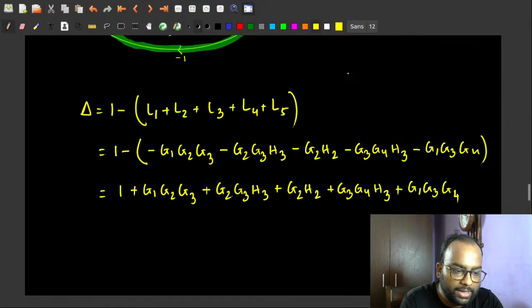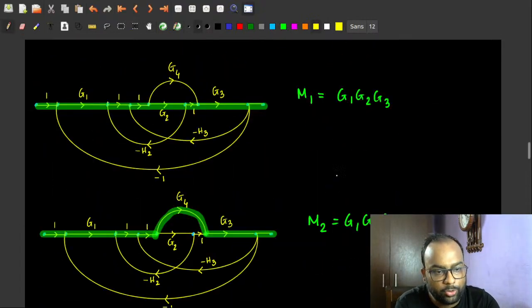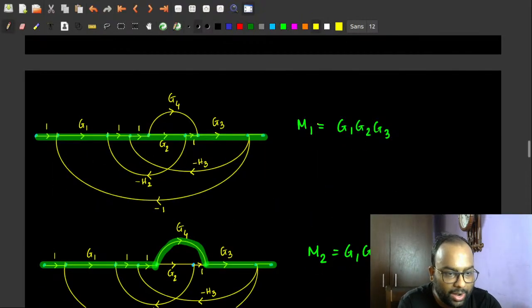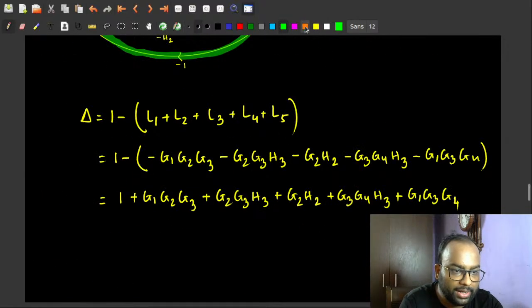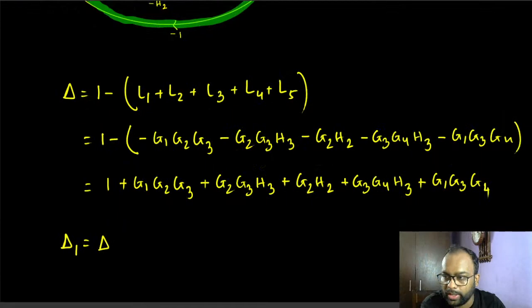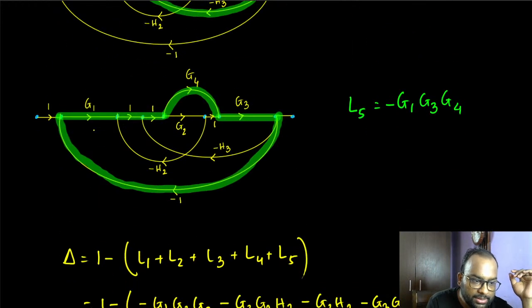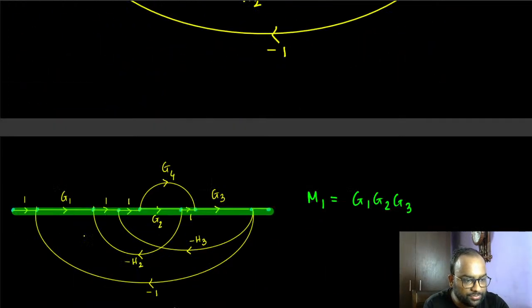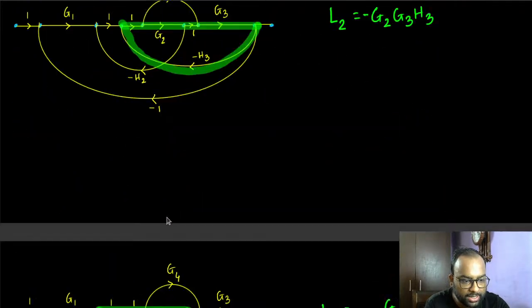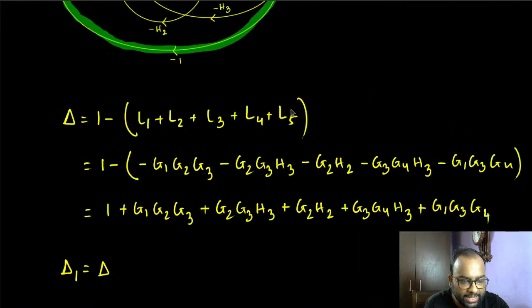All right, so that's the graph determinant. Now what about delta 1 and delta 2? Since we have two forward paths, M1 and M2, I have to calculate delta 1 and delta 2. Delta 1 is delta considering only those loops which do not touch the first forward path. All the loops are touching the first forward path, so all these terms get cancelled and delta 1 is equal to 1.